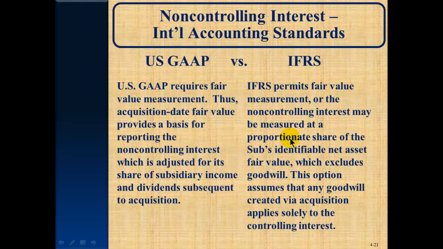You do this value excluding goodwill, but you just take that proportionate share times the fair value of that company, and then they assign the goodwill to the controlling interest. So don't bog down with IFRS, because you're going to be following GAAP and tested on GAAP.